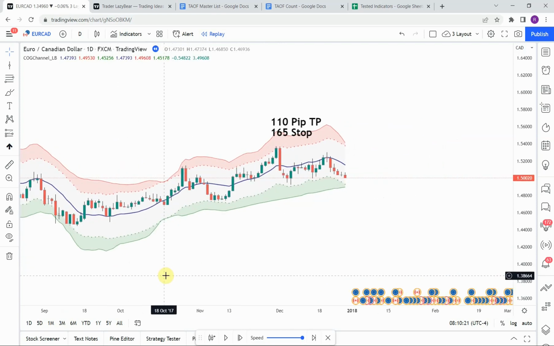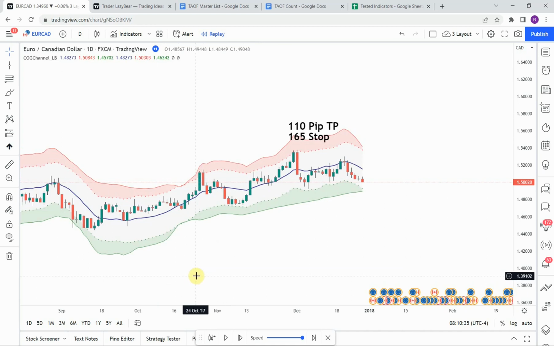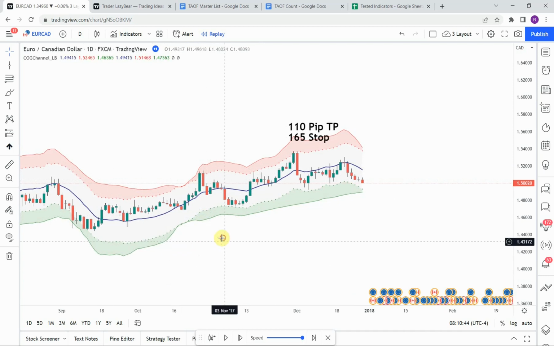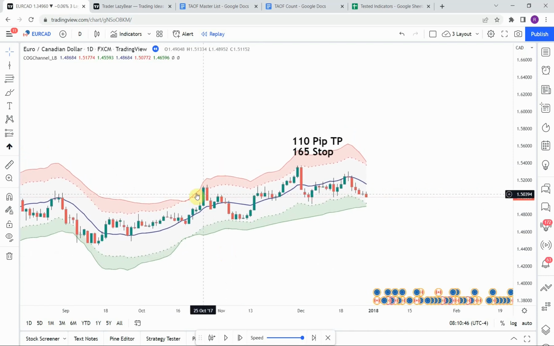That's why we're going to test it this way first. We might test it another way, but basically what we are looking for is when we get a break and close in or above the red area or green area. Again, the green area would be a break and close below of price action.